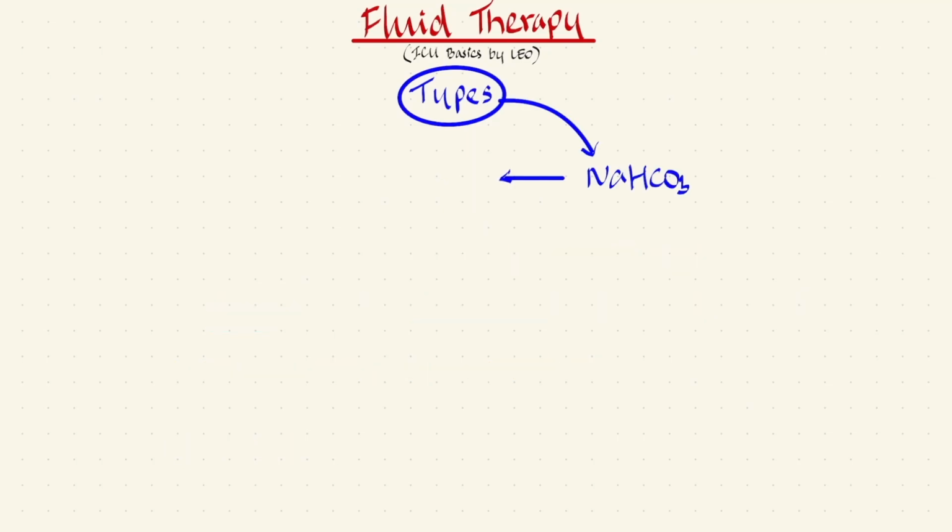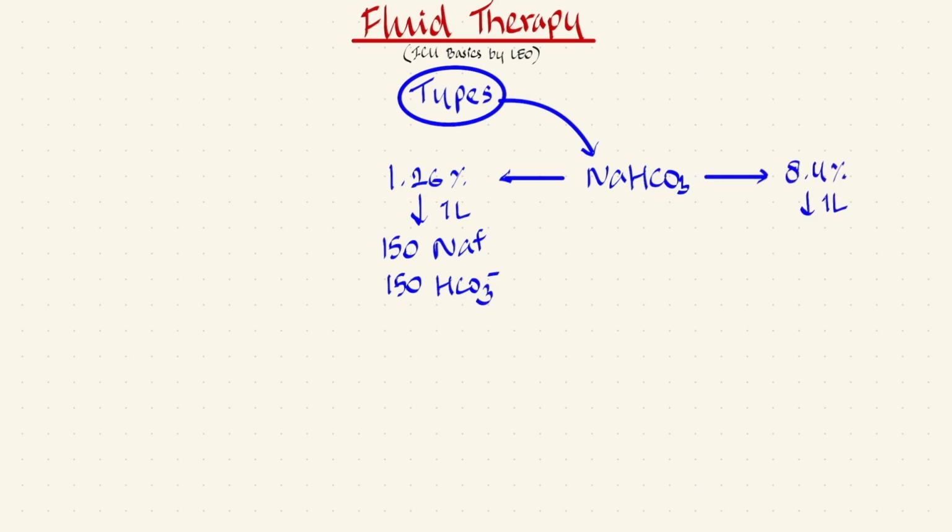Lastly, I would like to talk about sodium bicarb. 1 liter of 1.26% sodium bicarb includes 150 millimole of sodium and bicarb, and in 8.4%, 1000 millimole of sodium and bicarb.